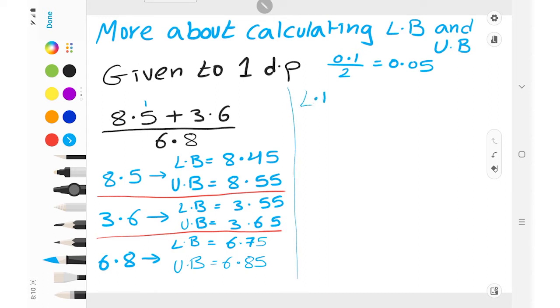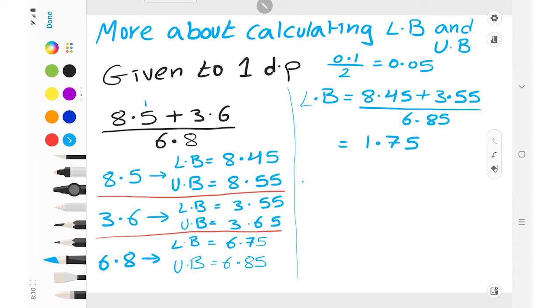Okay, so now my lower bound for the whole calculation. The upper part will be lower, and since it's addition, it's lower added by lower. So 8.45 plus 3.55 divided by the upper of 6.8, which is 6.85. And my answer is 1.75.